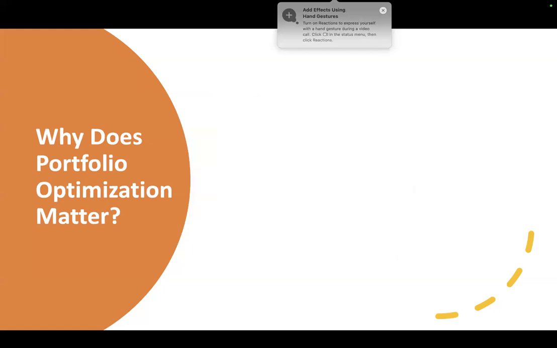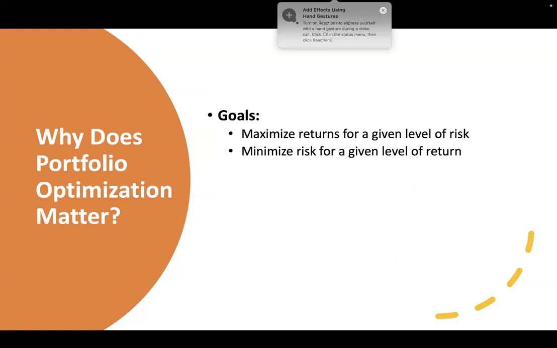Now, how can we select a portfolio of investments that gives us the maximum return? So the goal in this project that we have is to maximize return for a given level of risk.